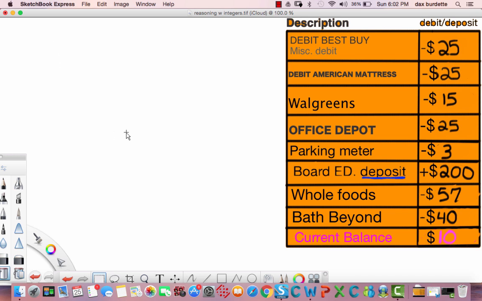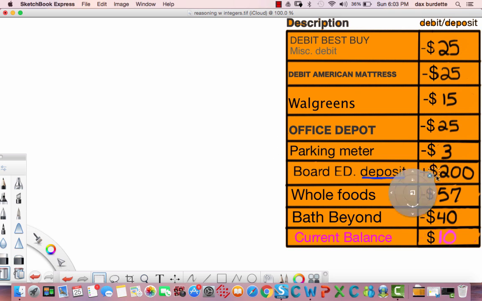In the last video we talked about a similar situation to what we're looking at now: transactions on one's bank account, and what they look like in the real world. We talked about the fact that when a debit is performed on your account, there's a minus to indicate that it's being taken out of your account instead of added into it. Down here at the Board of Ed deposit, we can see a plus 200 instead of a minus 3, or a minus 25.